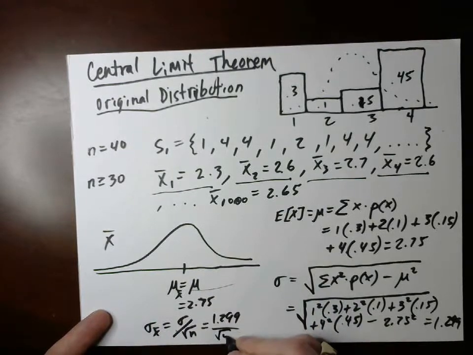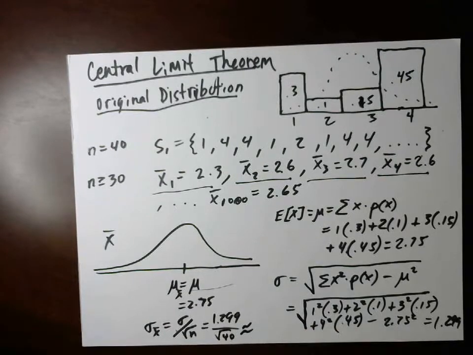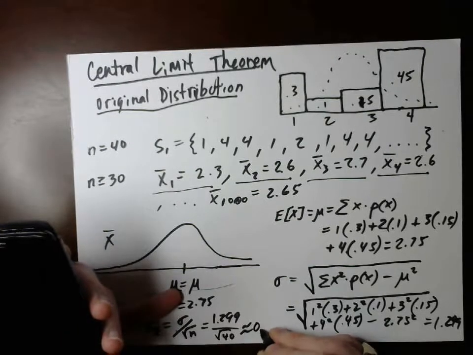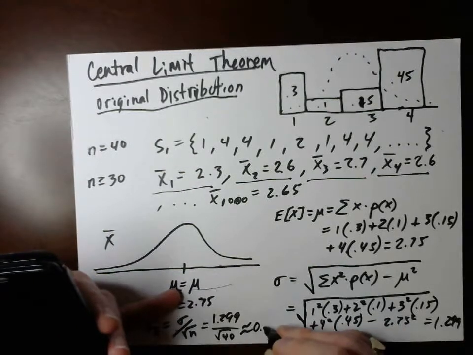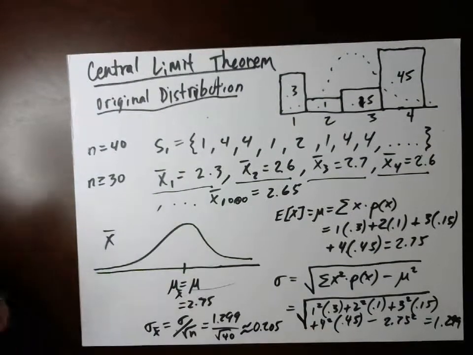So the square root of 40, which I'll put approximately equal to 1.299, divided by the square root of 40, is approximately 0.205.